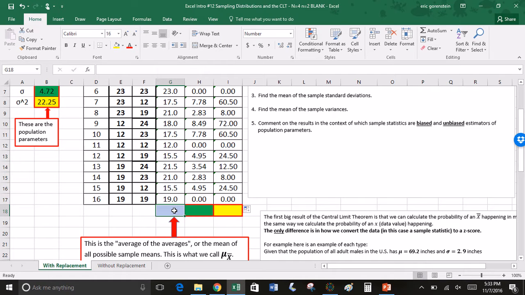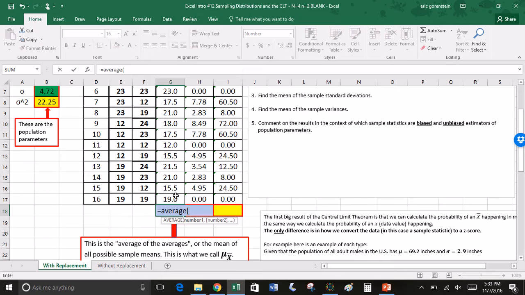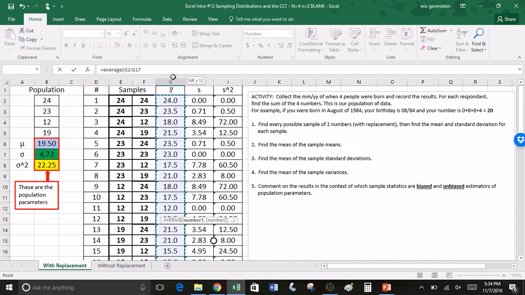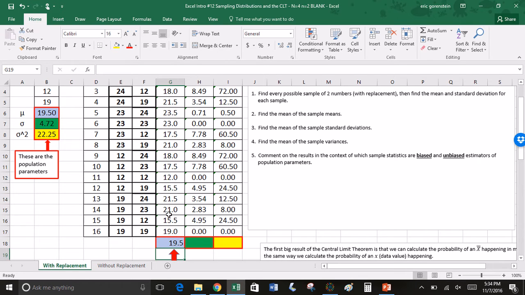Okay, so now I want to find the average of the means, the average of the standard deviations, and the average of the variances. Okay, so there's 19.5. Let's round it to one more place just so it looks the same. So our population mean is 19.5. This is the mean of the sample means.